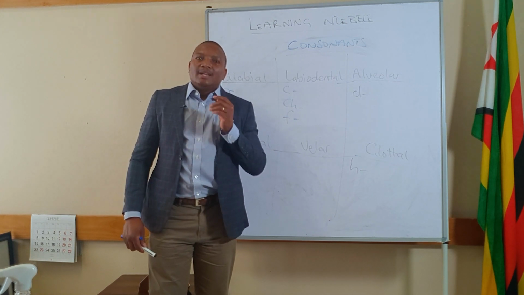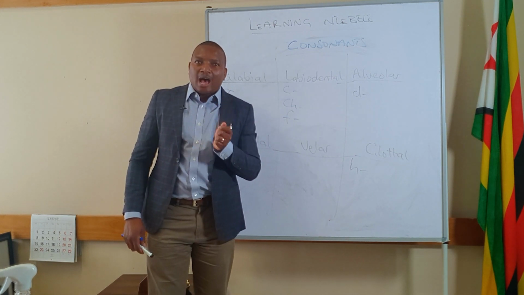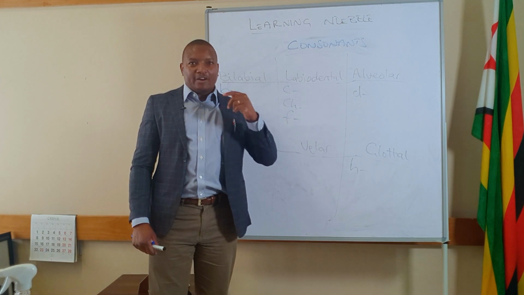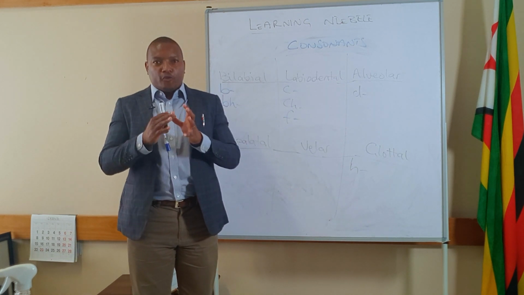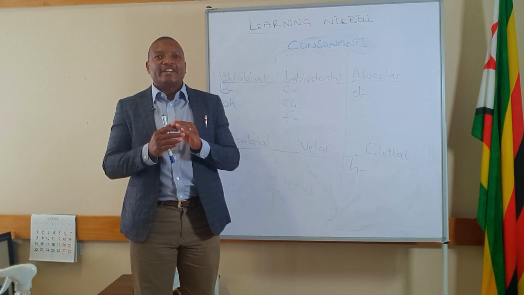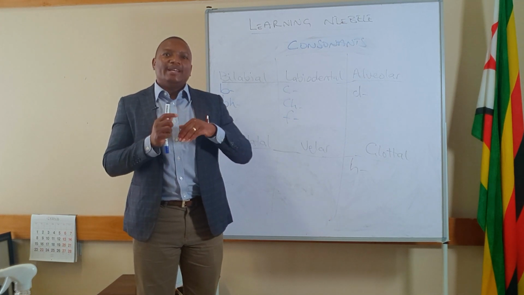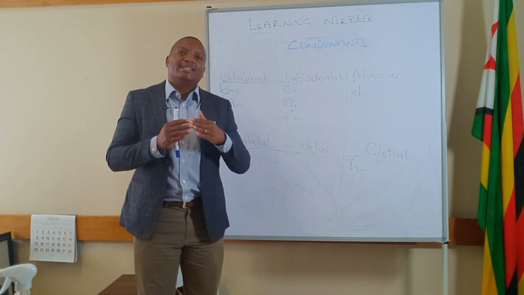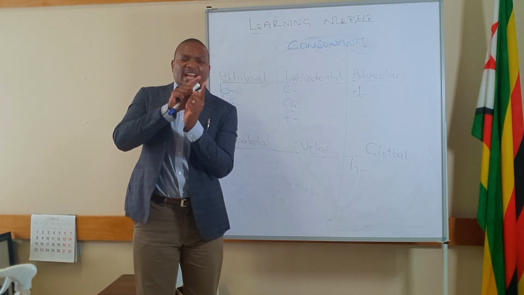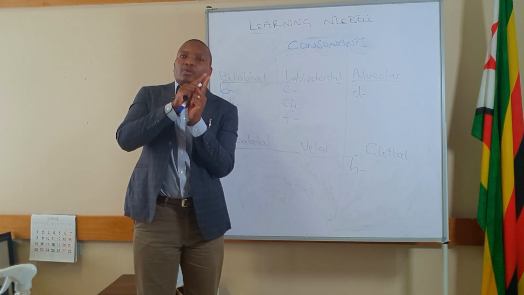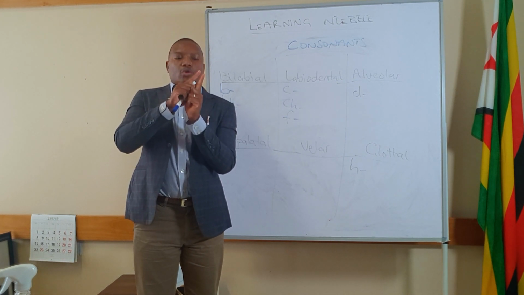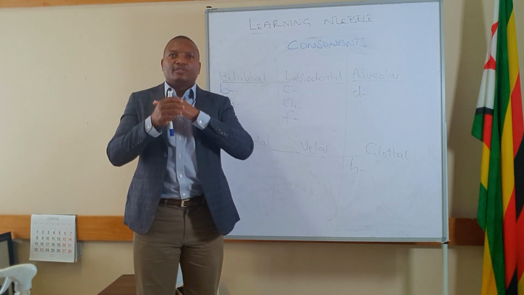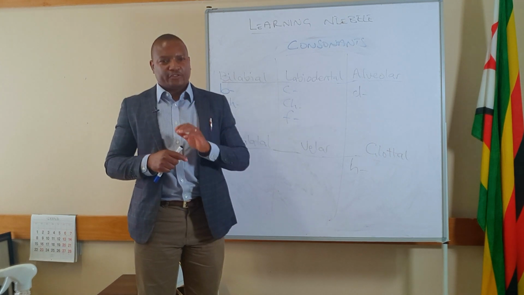So the sound s, as in sa, is produced on the alveolar ridge, but it has no voice, and it is a fricative, meaning that the manner in which it is articulated is such that the articulators just come into close contact without actually coming into absolute contact. They come into close proximity, and so it causes friction of air, hence fricative.